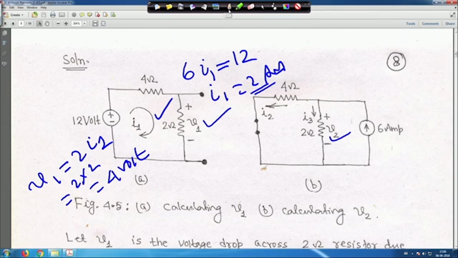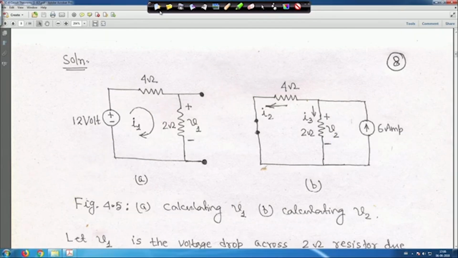Similarly, let us clear it. If you solve this circuit, at the beginning we have studied the current division method. This is basically a parallel circuit, this 4 ohm and this 2 ohm are in parallel, and 6 ampere current is entering here. Then by the current division method, what will be I 3?